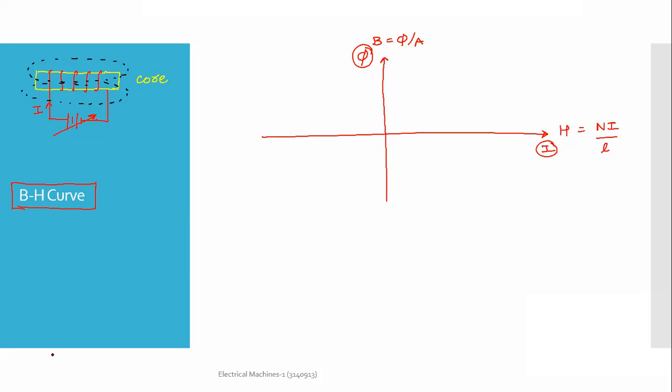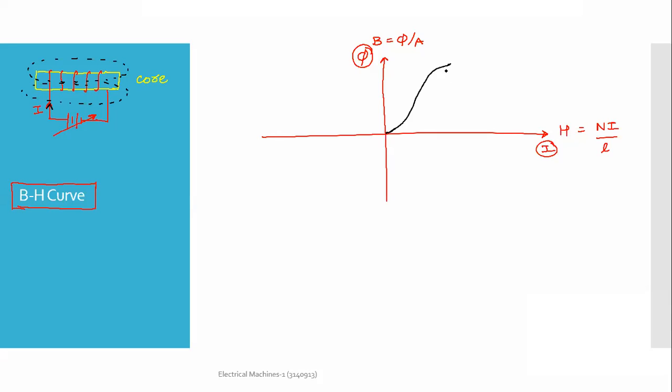here you can observe that as the current to this coil is increased, that will give us the field intensity equal to Ni by L. So as the current to the coil is increased, flux will proportionately increase, and it will follow this nature.